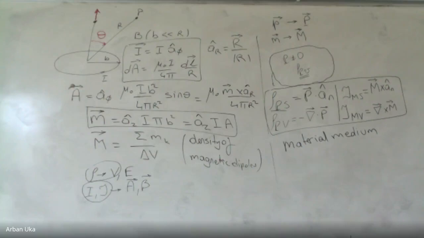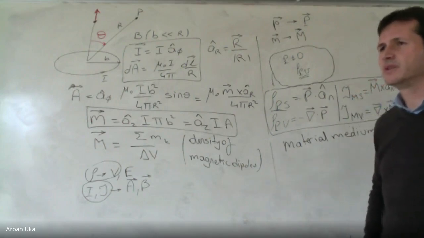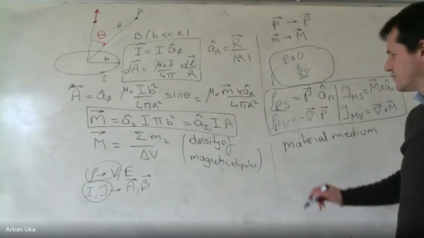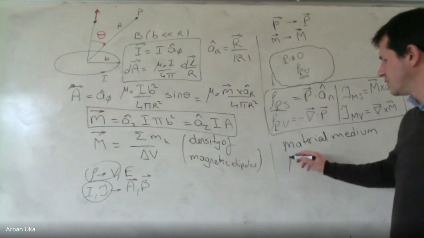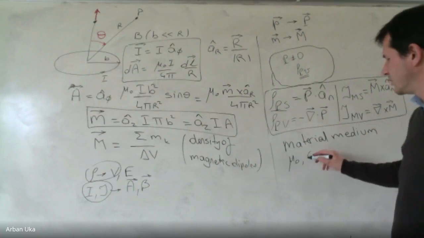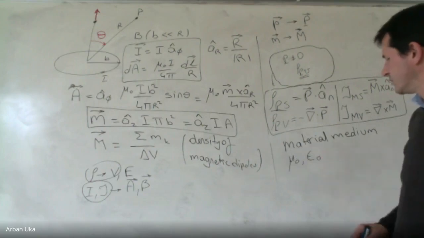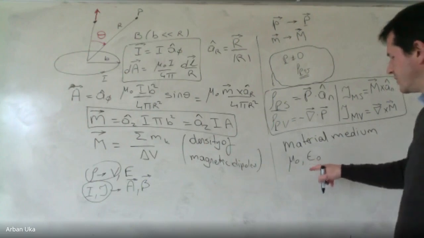Vacuum would have no magnetization for sure, and in vacuum many things are straightforward. In Maxwell's equations, the propagation of the electric field and the magnetic field is way different, mostly because in vacuum we are dealing with mu zero and epsilon zero, permeability and permittivity.